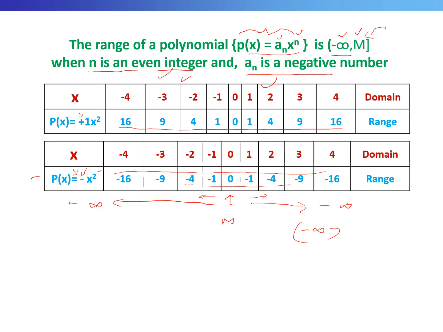So the largest value is 0, and 0 is included. But 0 represents capital M. So we are able to prove that the range for such a polynomial is from negative infinity to capital M, consistent with the hypothesis right here.